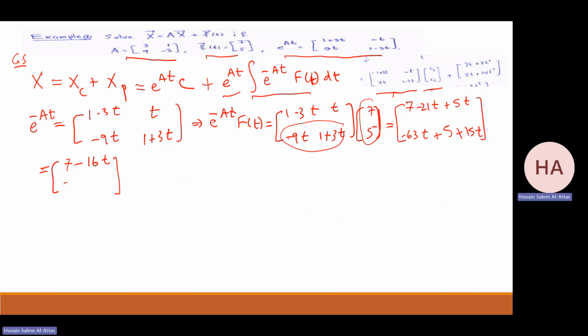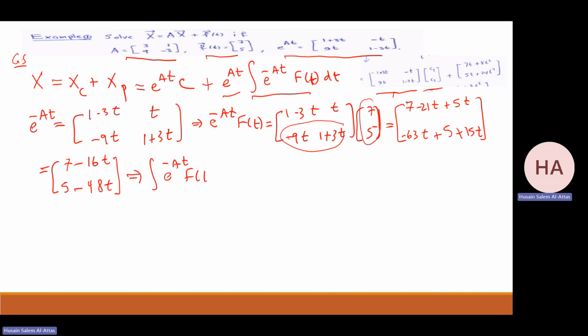So this will be 5 plus or minus what? Minus 15, yeah, minus 63. Yeah, 15 minus 63. That will be 48t. Yeah. 48 plus 15 will give me 63. Good.